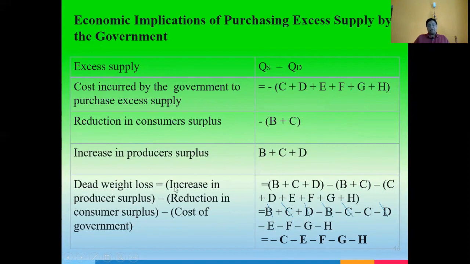Then deadweight loss is the increase in producer surplus minus reduction in consumer surplus minus cost of the government.